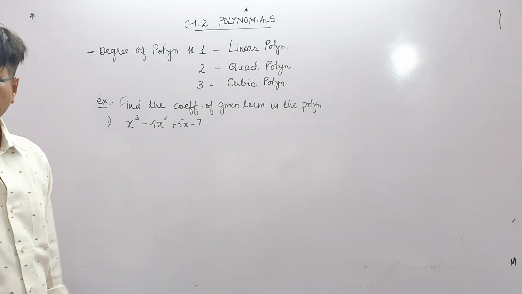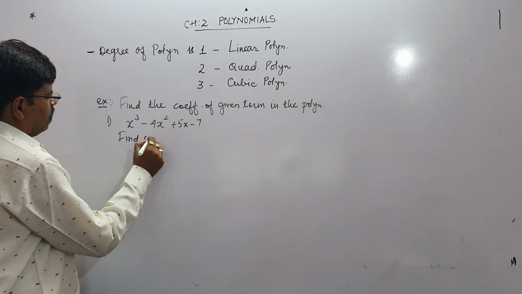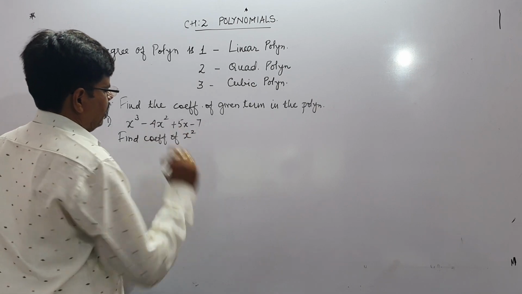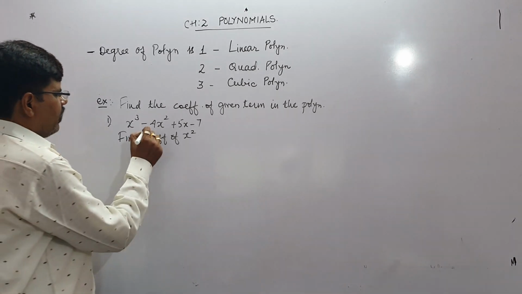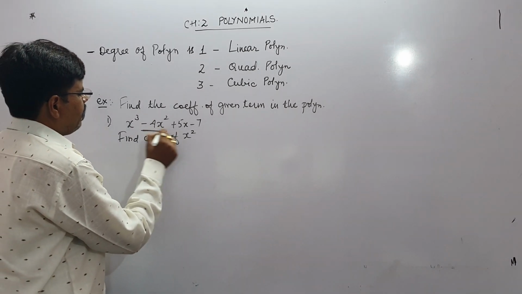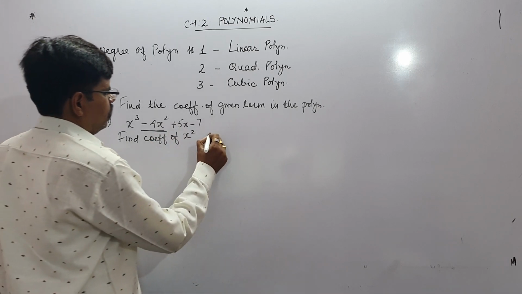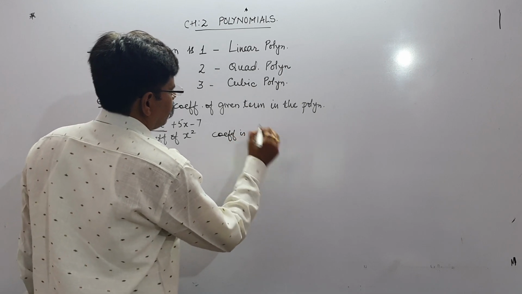It is a polynomial. Find the coefficient of x square. If you look here, the coefficient of x square, the number adjoined with the x square, is minus 4. Coefficient is minus 4.